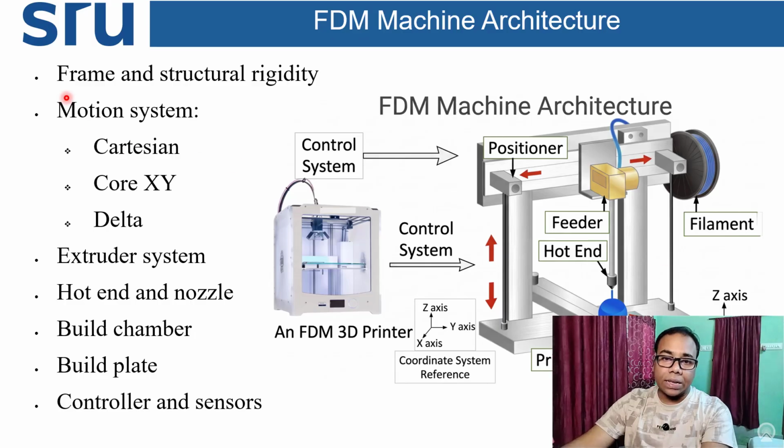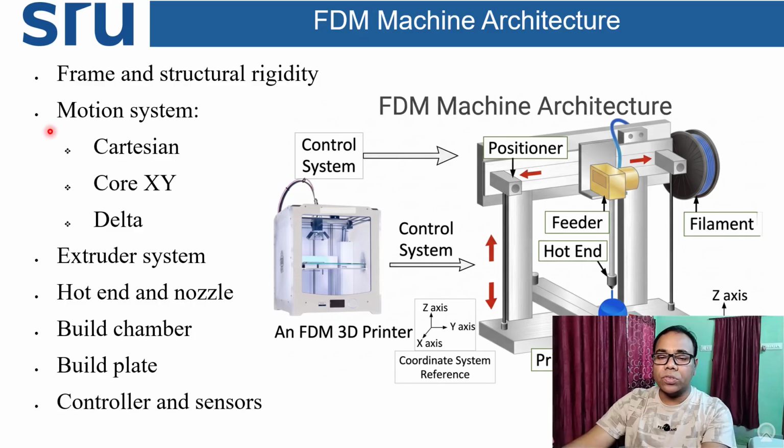Already I have mentioned that the frame and structural rigidity are required. Why? Because any variation or vibration will lead to a defective product, and the part quality that is expected after printing will not come up. Sometimes we have also seen that printing does not work properly, and may even stop working.